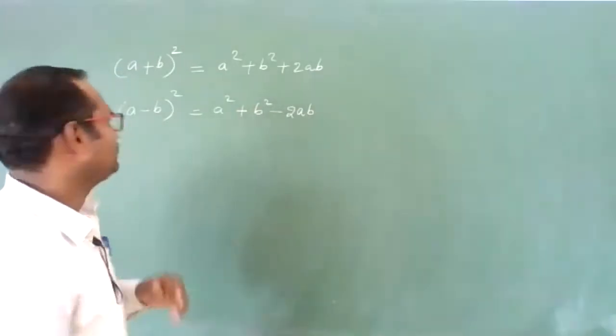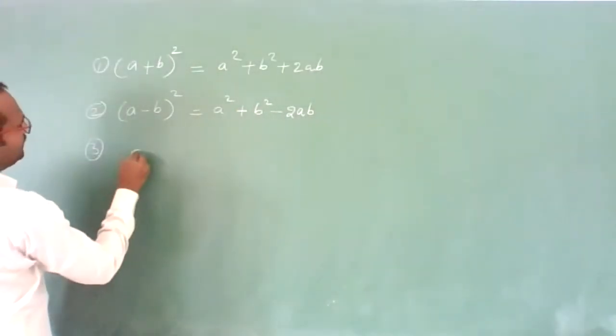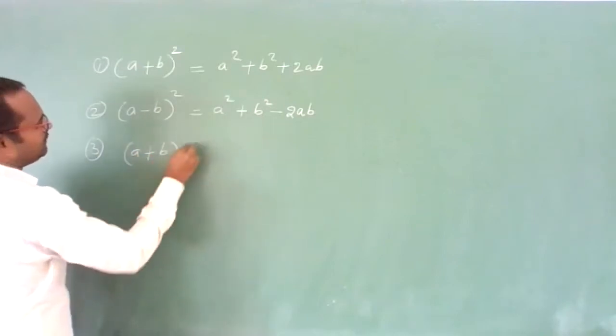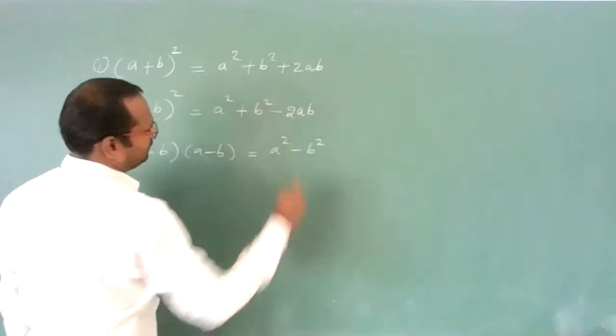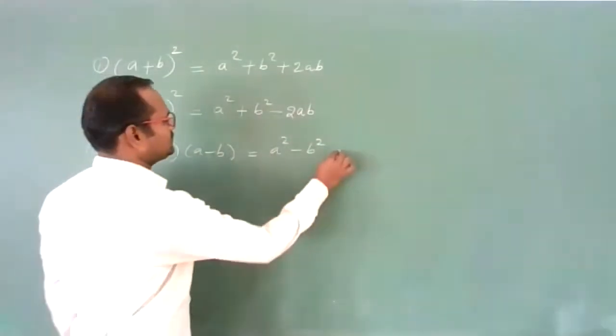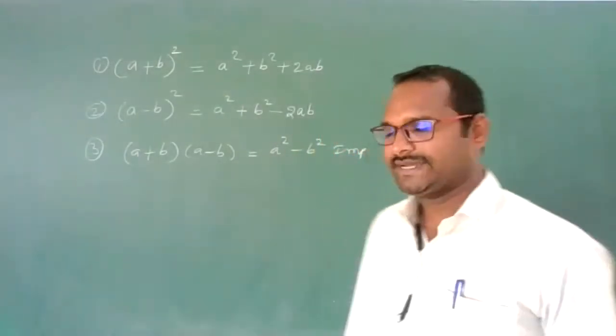And one more important one is the third one, a plus b into a minus b. This is a square minus b square. It's important. These three, you must remember these three algebraic identities.